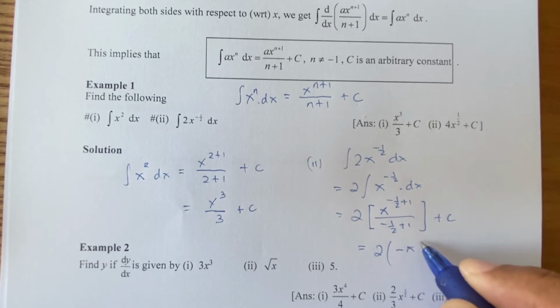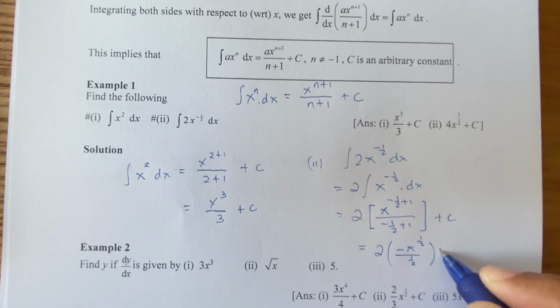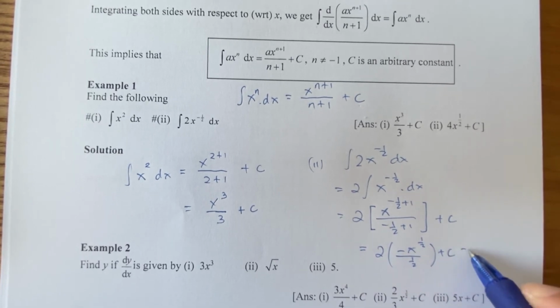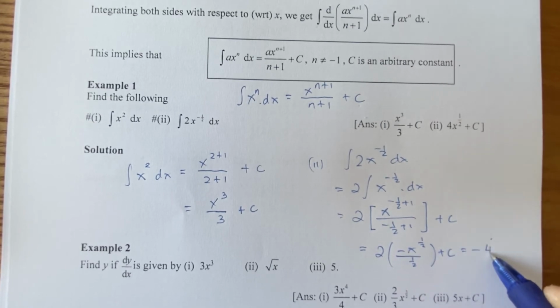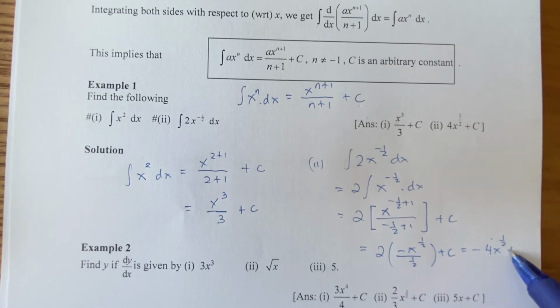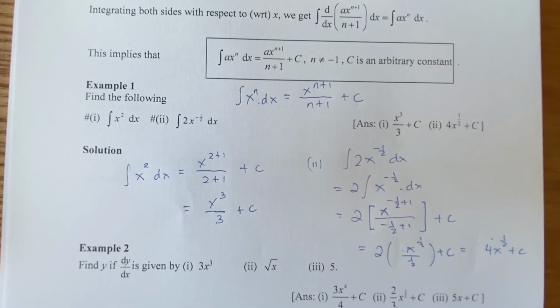Negative half plus 1 will be half over half plus c. Divide by half means times 2, right? So we get 4 x power half plus c. Sorry, there's no negative here. You can get here.